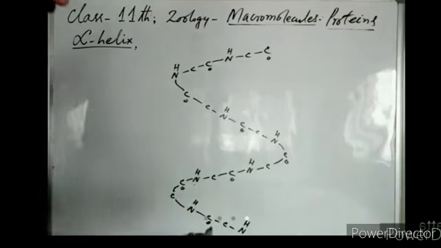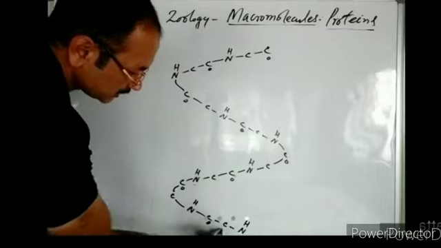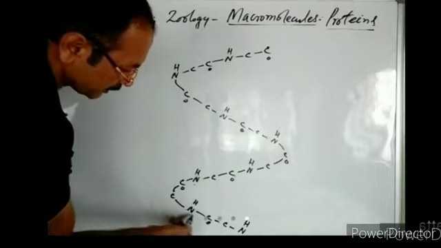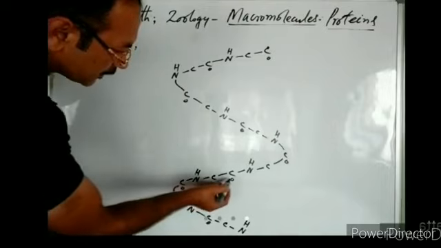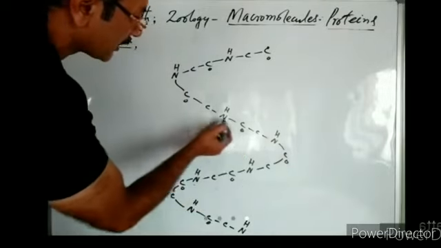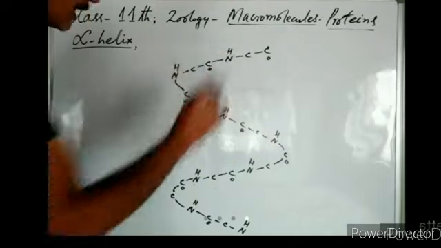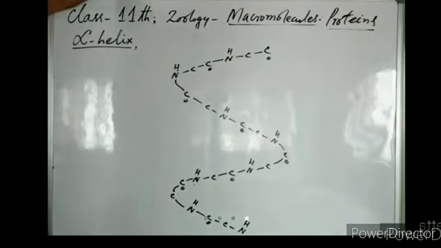So in this way, one amino acid, NHCCO, is linked to another amino acid, NHCCO, and another, and another. So many amino acids are linked to each other and they form a polypeptide chain first.